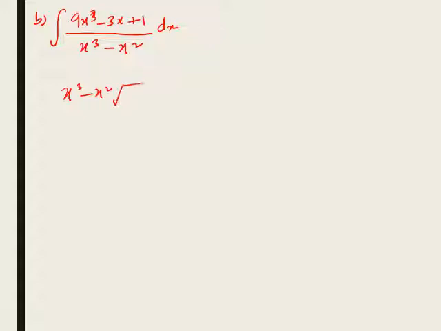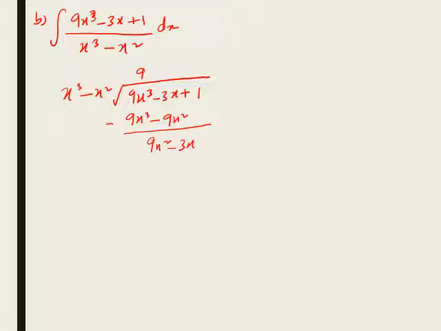So times 9, you obtain 0, negative 3. Okay, 0 minus negative 9x squared will be 9x squared, negative 3x minus 0 will be negative 3x, and then plus 1.